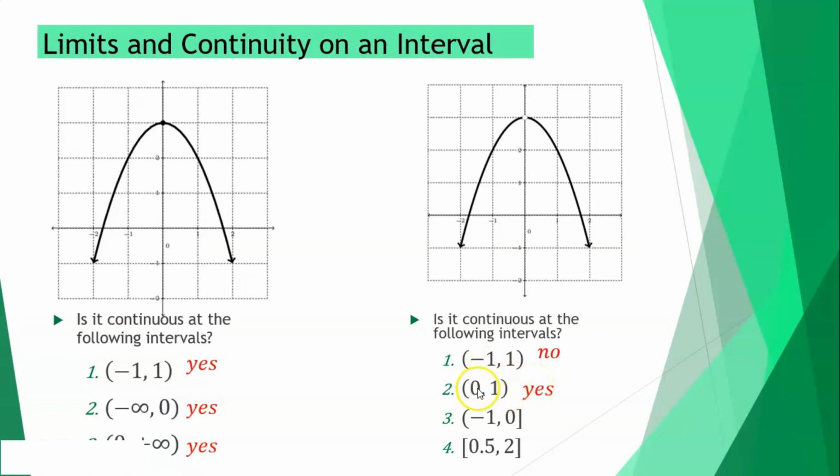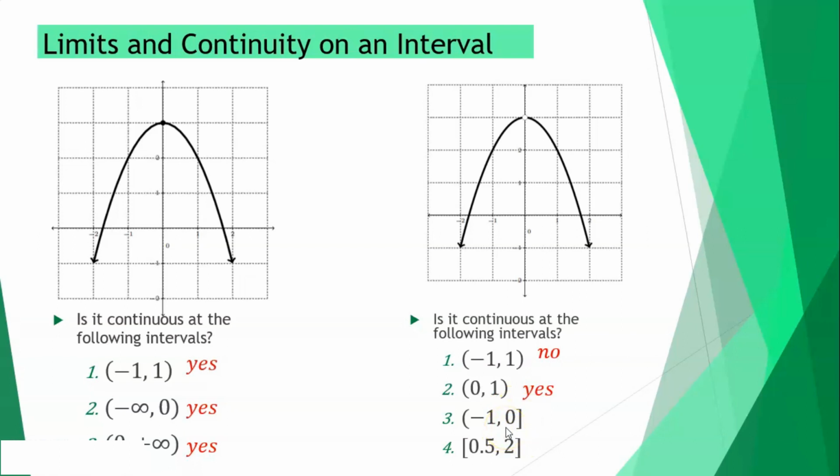Why yes? Because take note here, this is parentheses 0. So it means you start from the number after 0. So 0 is an excluded value. So take note of that. Next, for number 3, from negative 1 until 0, and take note 0 here is bracket.